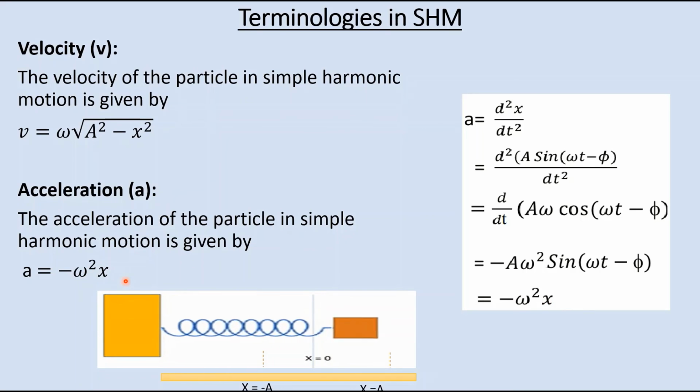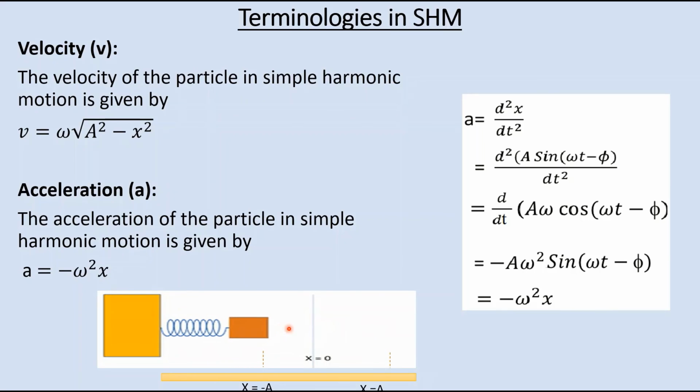Put x is equal to 0 here. So a becomes equal to 0. That is, the acceleration will be 0 at the mean position. Put x is equal to A, that is the maximum value of x. So a becomes equal to minus omega squared A. That is the maximum value of the acceleration.